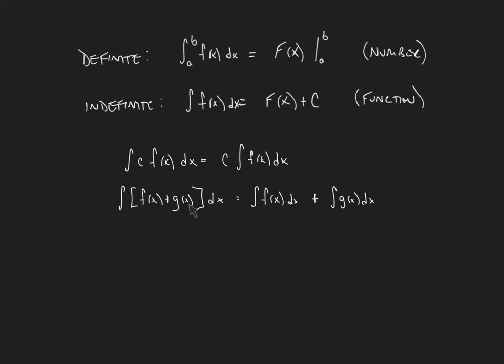The integral of a sum of two functions is equivalent to the sum of the integrals of those two functions. The integral of some constant value is just equivalent to that constant times x plus some other possible constant.